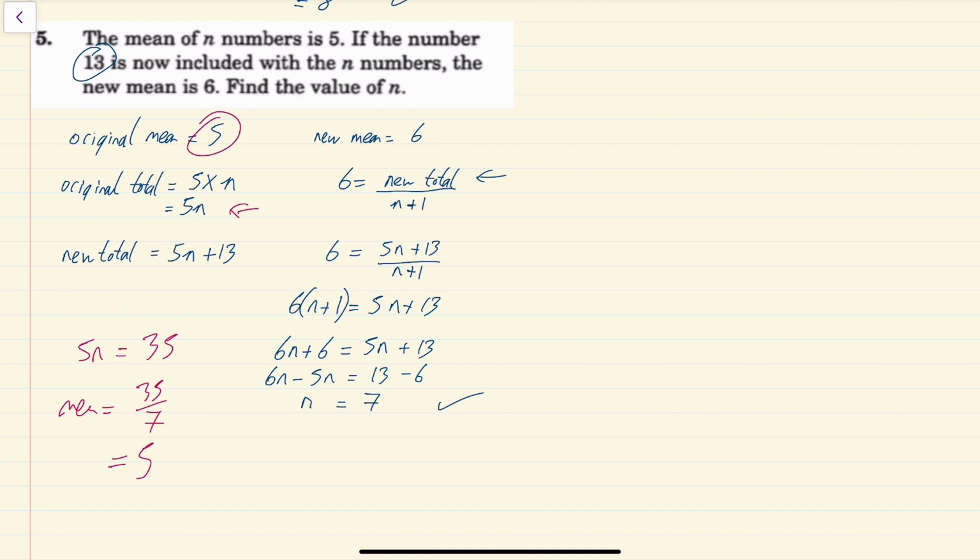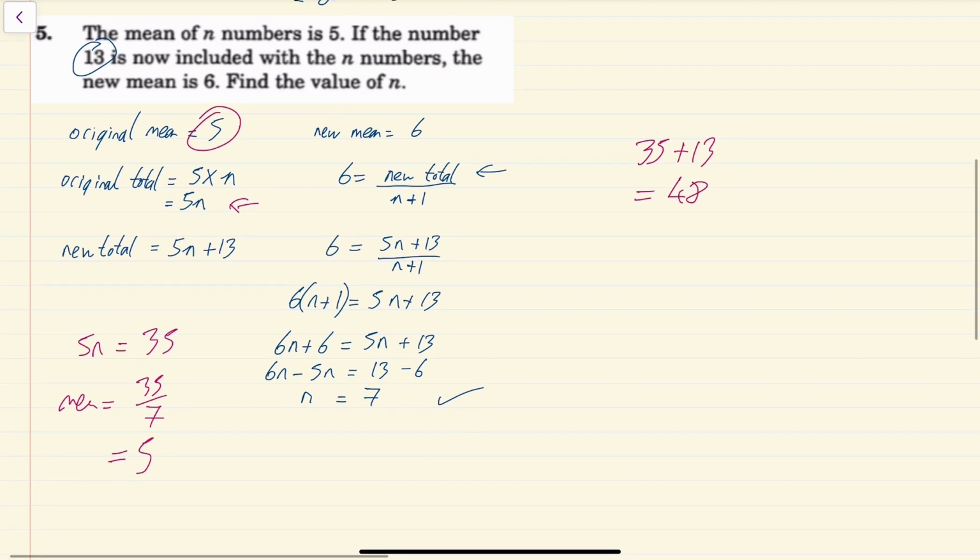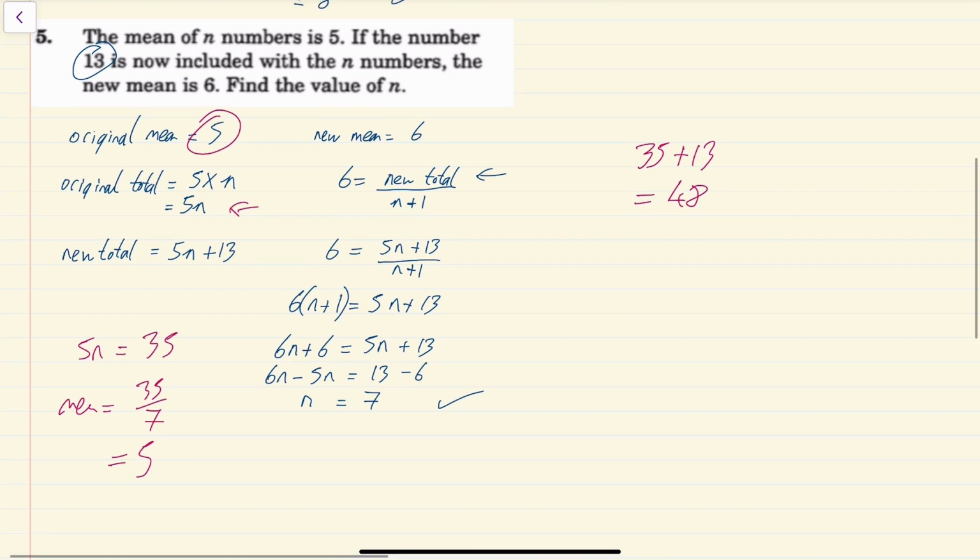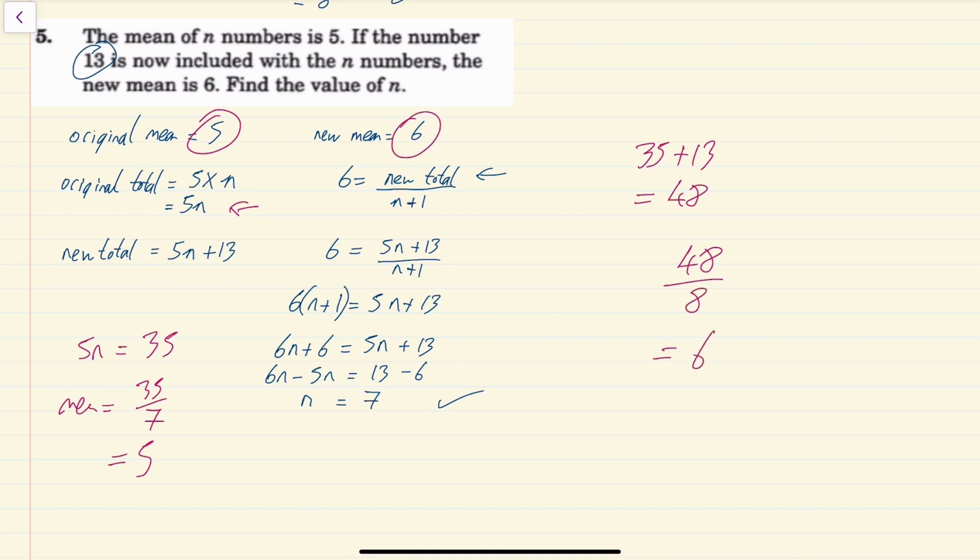And if your original total was 35 and you add on 13, that takes you up to 48. You've now got a total of 8 numbers. So 48 divided by 8 gives you 6, and that's what you had for your new mean. So you can see it does work. My answer of n equals 7 is correct.